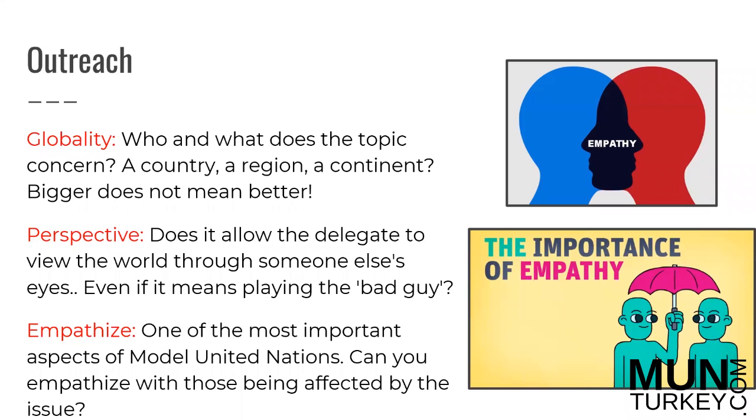Or for example, it doesn't have to be necessarily a crisis committee, but any committee topic or agenda item that involves a country being in the wrong, you should just play it that way because it lets you see what people think about their country, what people think about the situation, without necessarily being yourself. And I think that helps because sometimes, and this comes to our third point, we have to learn to empathize with people.